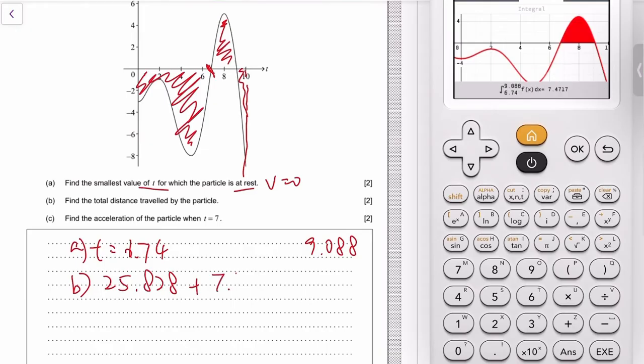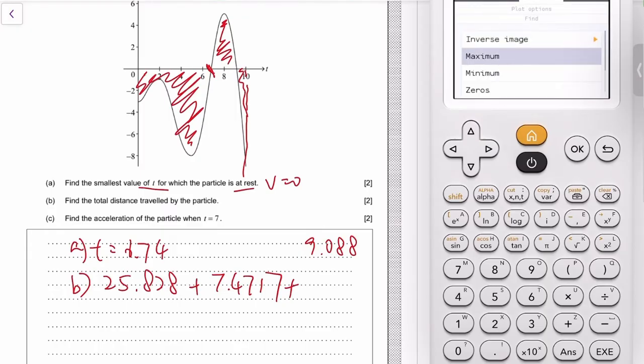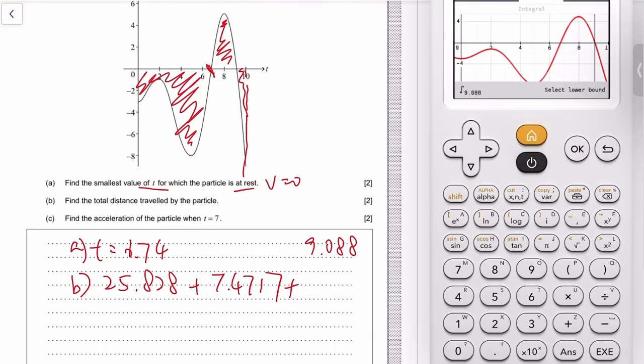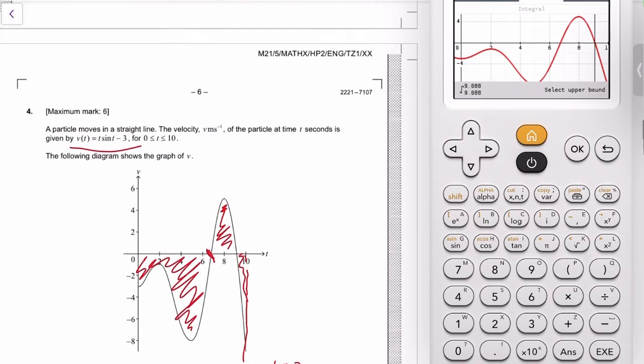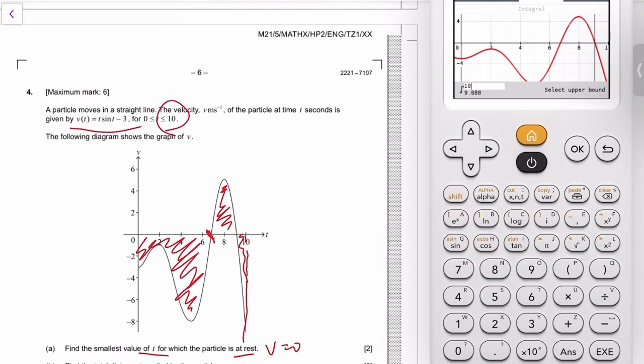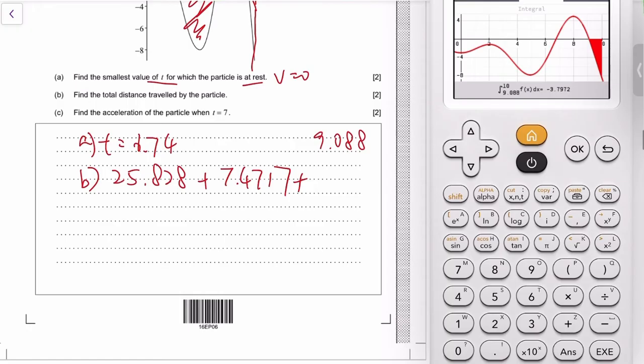I get 7.4717, plus the last bit, which goes from 9.088 to 10, because the question only goes up to 10. Obviously, we add it as a positive again. Alright, so add them up. That's what you got.